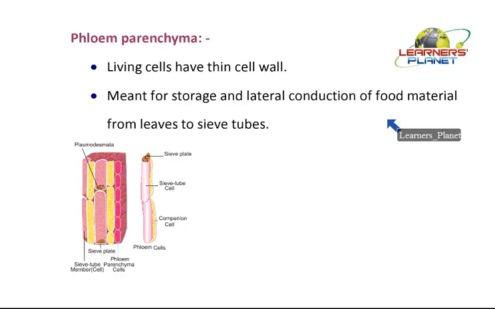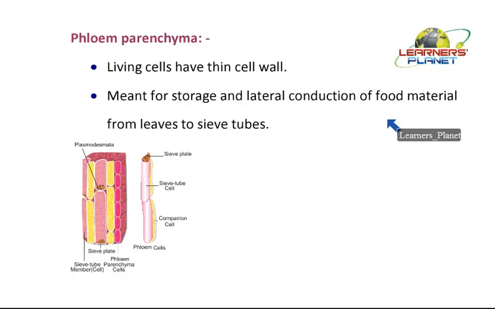Then if it is transported all through, why is storage at this particular site needed? Because since the beginning we said that phloem tissue is meant for transportation of material from its synthesis site to the storage site. So from where is this partial or temporary storage coming into the picture?